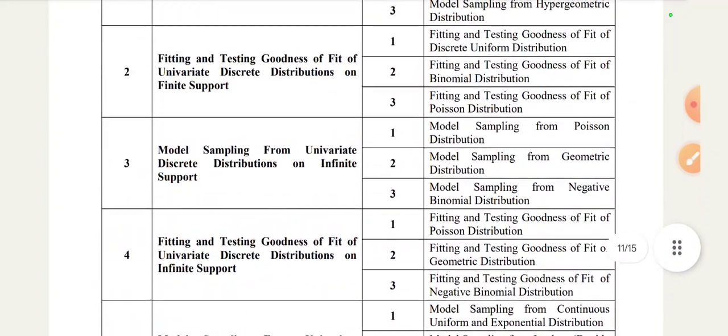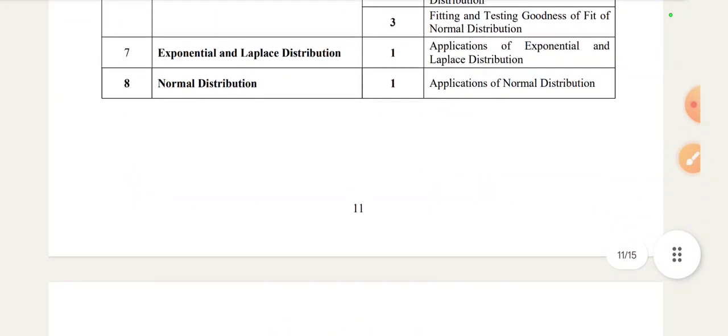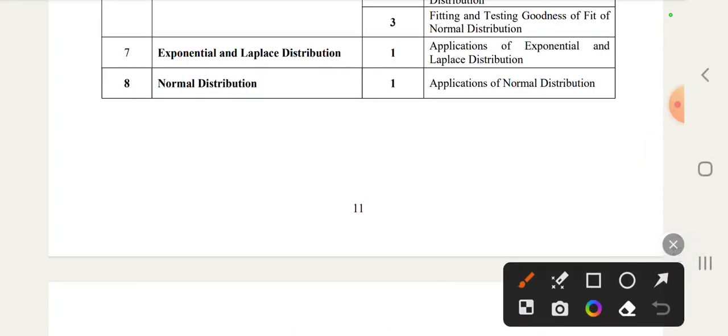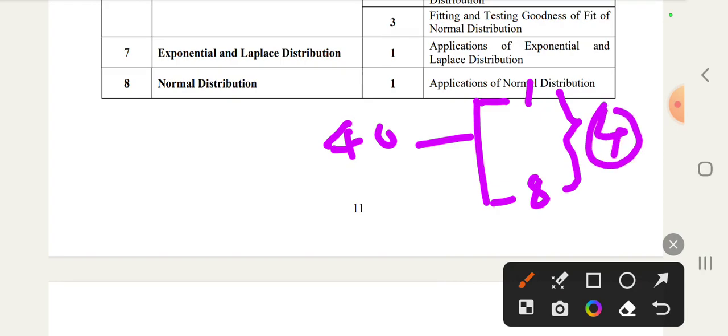As you are aware, the practical examination for paper number 2 is of 40 marks. There are 8 questions which may be asked in your practical examination based on these 8 groups, starting from question number 1 to question number 8, and out of these 8 questions you have to solve only 4 questions.